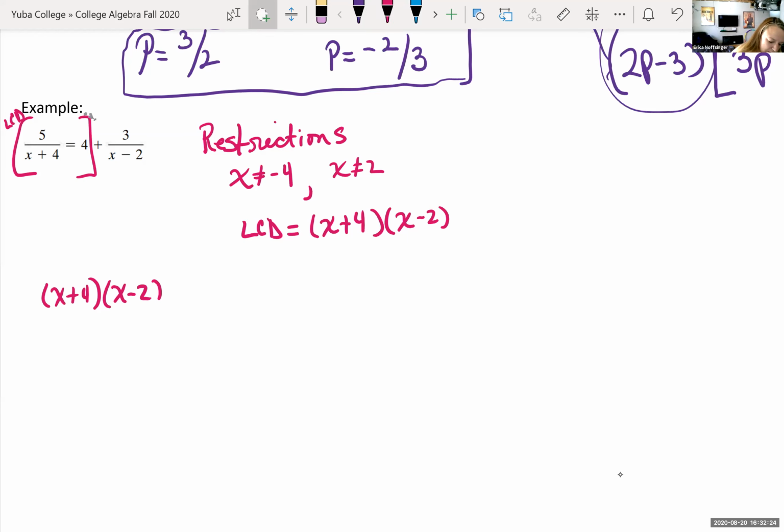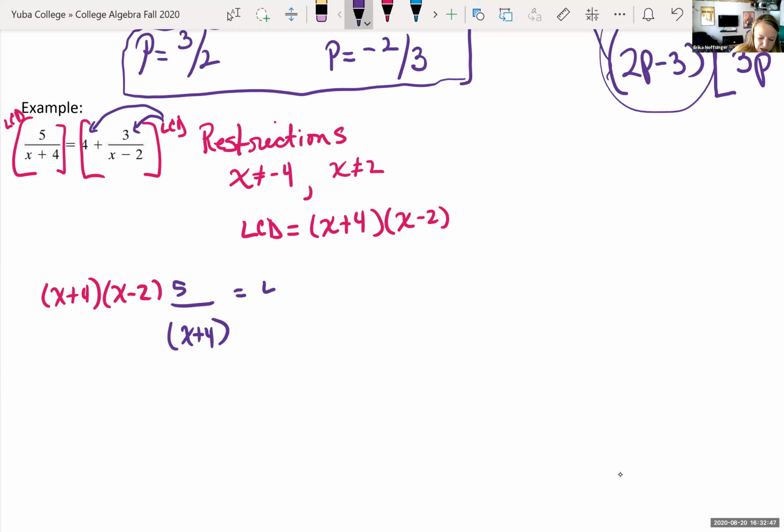Sorry, got the parentheses in the wrong spot. So we have x plus 4, x minus 2, all times the left-hand side, 5 all over x plus 4, is equal to, we're going to distribute, when I write this out, this LCD to each piece.